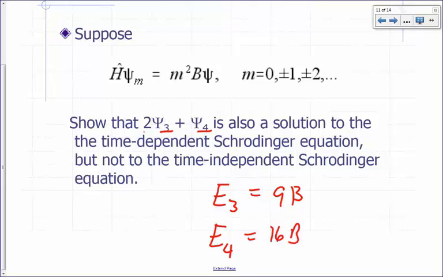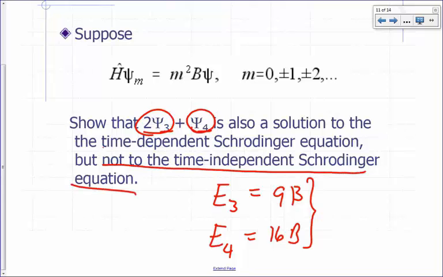So this linear combination, C3 psi 3 plus C4 psi 4, is a linear combination of non-degenerate states. Therefore, it will not be a solution to the time-independent Schrodinger equation, but it will still be a solution to the time-dependent Schrodinger equation.